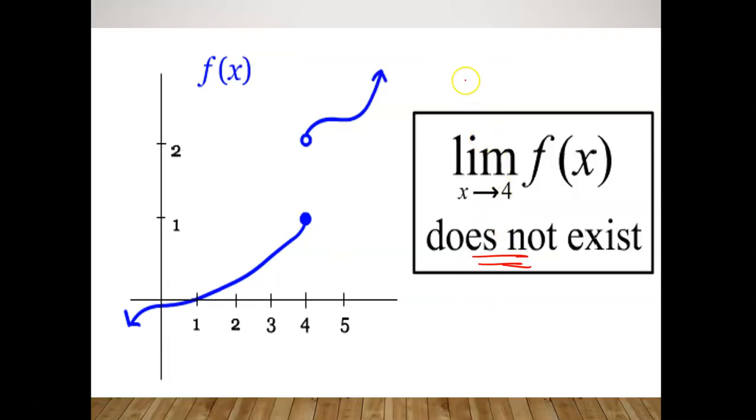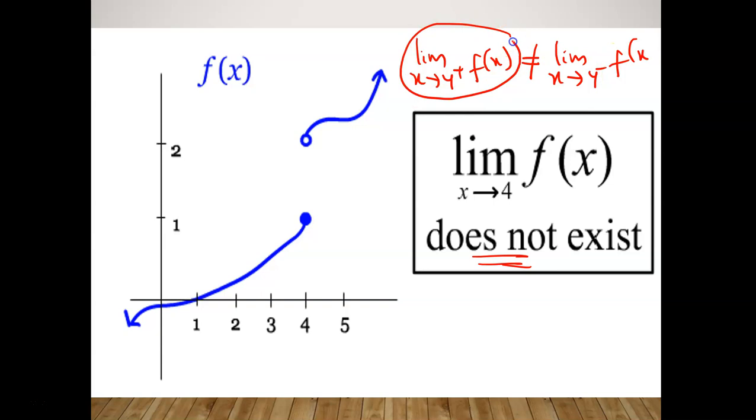Why? Because the limit as x approaches 4 positive of f(x) is not equal to the limit as x approaches 4 negative of f(x), since this equals 2 and this equals 1. So we say that the limit as x approaches 4 does not exist.